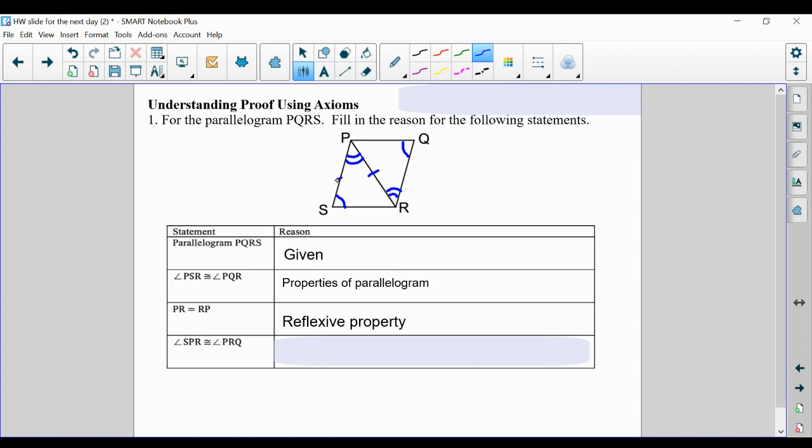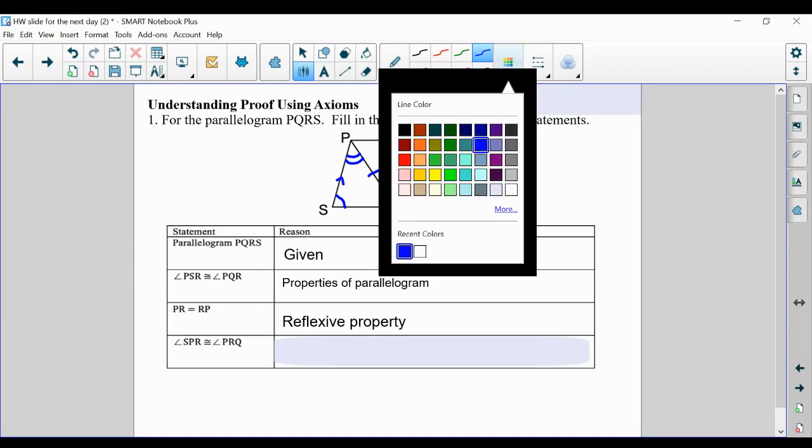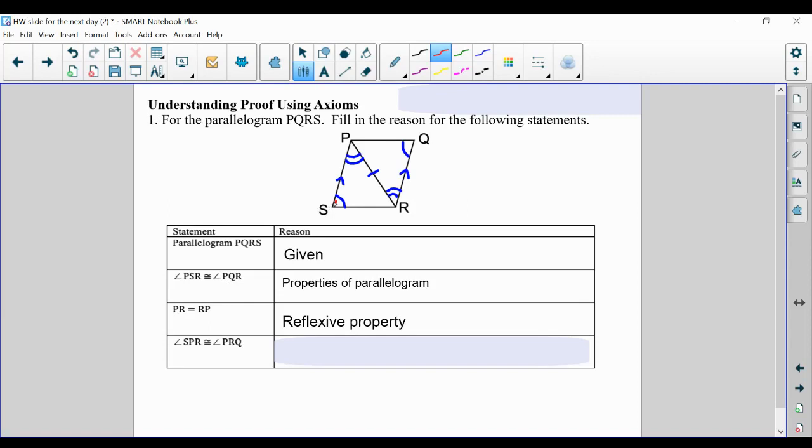We talk about that these two lines are parallel in a parallelogram. The opposite sides are parallel to each other. So I hope that you see the Z angles right here. Do you see the Z angles? These two angles are Z angles.